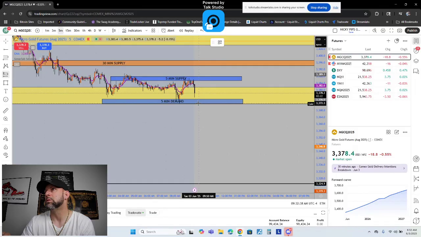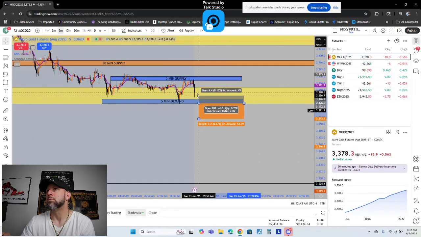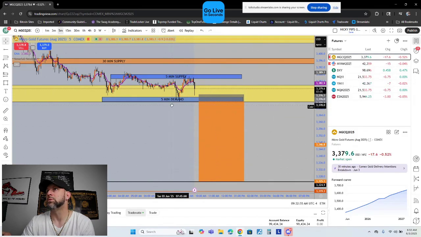It'd be a short. So we probably do something like this, right above these previous highs right here. So we'll do like 40 points, and then all the way down to here. It'll be a 1 to 11 trade.